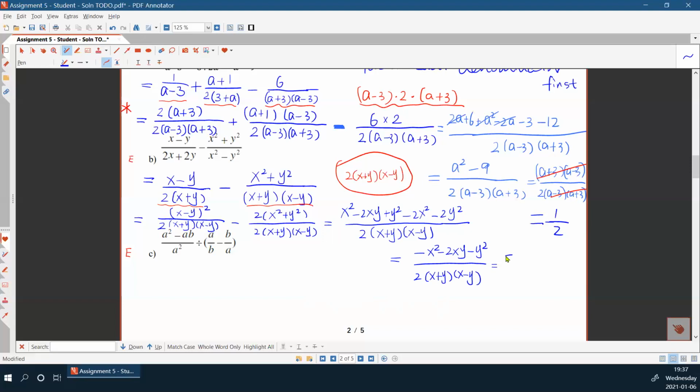So what's left up there is this one divided by the denominator, and then we can cancel a sum of x and y. Cancel this, and the final result is minus x plus y over twice of x minus y.